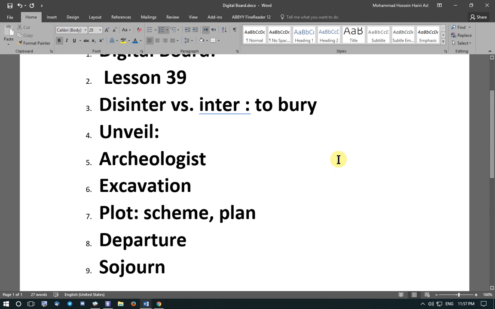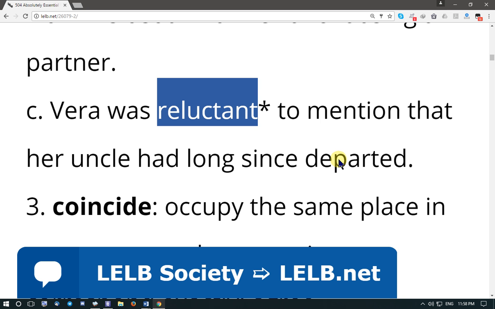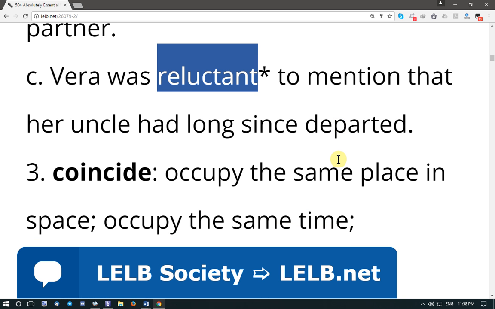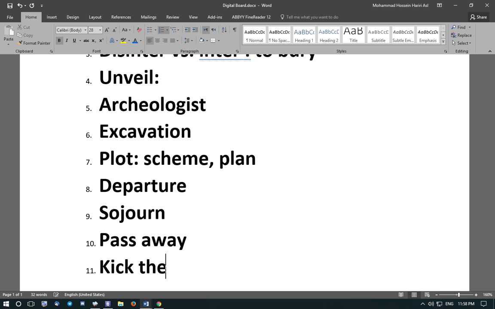For die, you can say pass away. It's a very polite and formal way to say. And the opposite of that, which is so impolite, is kick the bucket. It is so impolite, so do not use it.